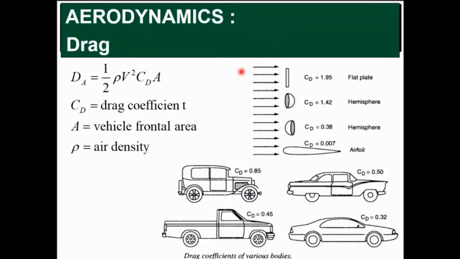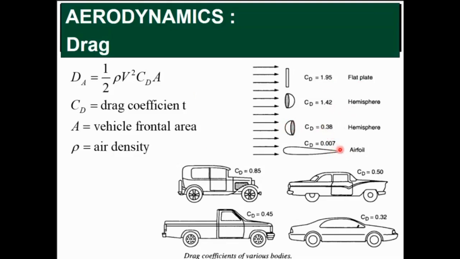For example, the flow will come from the left to the right. Okay, if flat plate, the CD is around 1.9. If the hemisphere, CD is around 1.42. Hemisphere other direction, 0.38, and airfoil is 0.007.